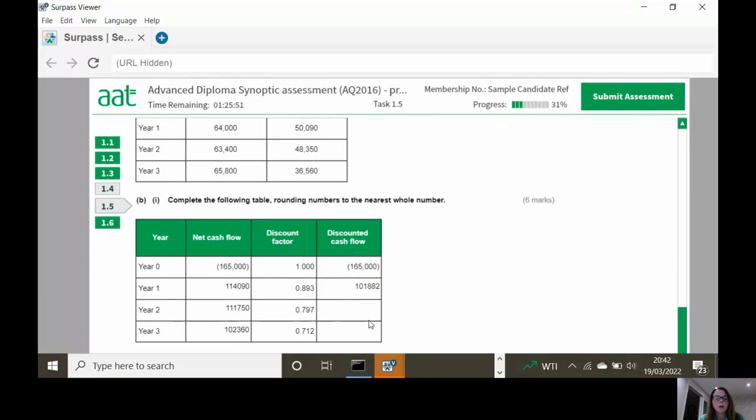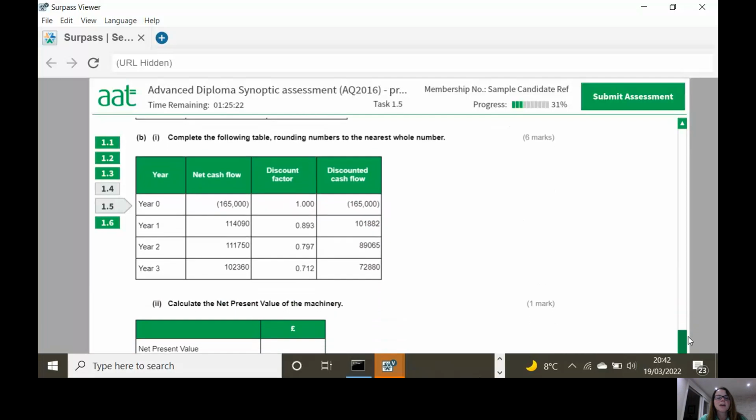Then I'm doing 111,750 multiplied by 0.797. So this one is 89,065 rounded to the nearest whole number. And then 102,360 times 0.712 is 72,880.